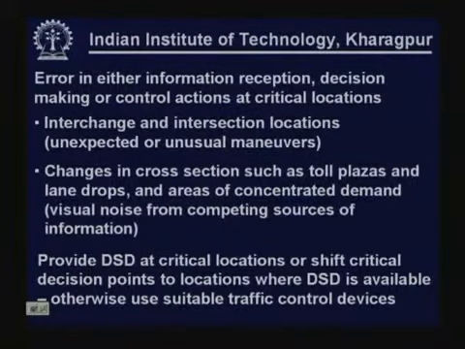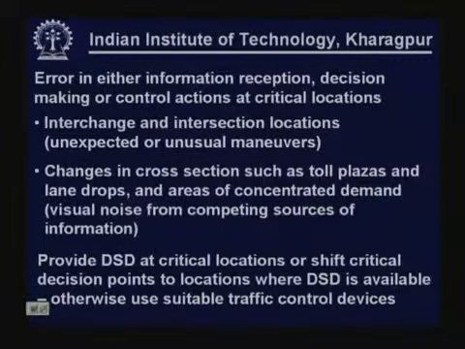So, in those conditions, decision sight distance is provided, which will give sight distance value higher than the stopping sight distance. So, the idea is at all complex or critical locations provide decision sight distance, in short DSD, or shift critical locations to places where decision sight distances are available.